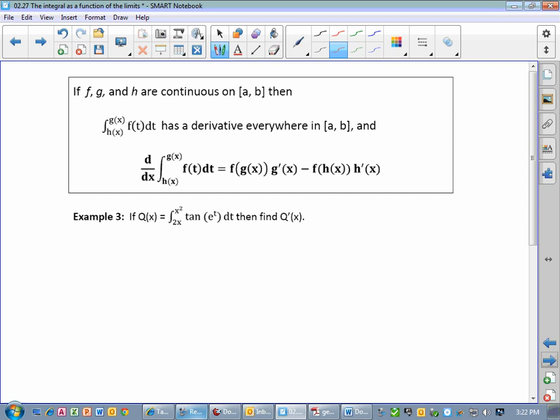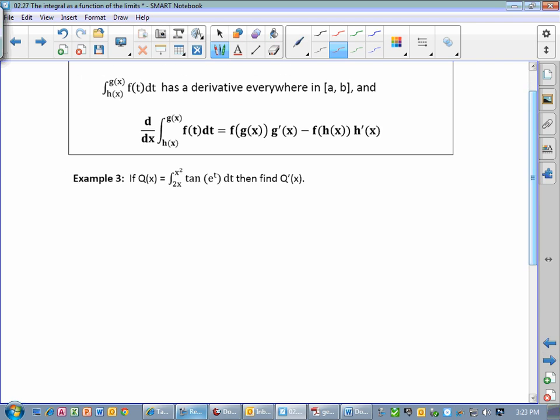So this wouldn't be here, which is why the first one is there. But if h isn't a constant, if h is actually a function, we have to take h into account. And so we have f of g of x times g prime of x minus f of h of x times h prime of x. So essentially we plug in the top, multiply by the derivative of it, minus, plug in the bottom, multiply by the derivative of it. Okay, so let's do this example really quick.